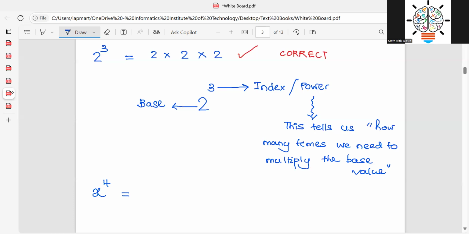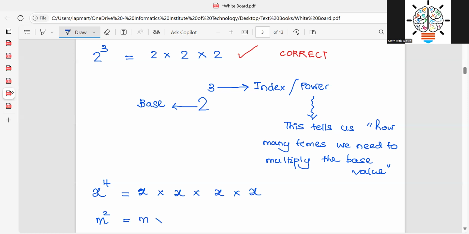So then this base, I want to multiply 4 times this time. Why? Because the index is 4. Index tells me how many times we need to multiply the base value. So then here, x times x times x times x. Right? Let's say you have m to the power of 2. What does this mean?